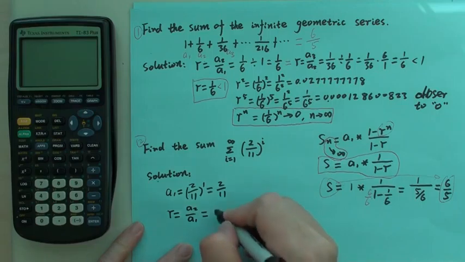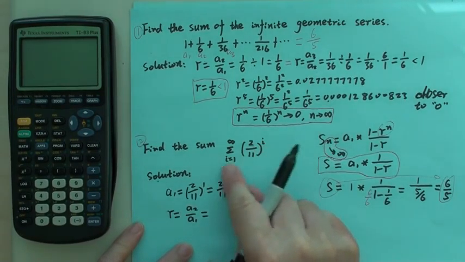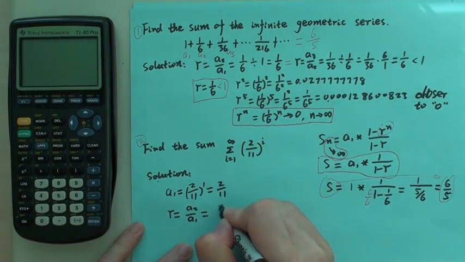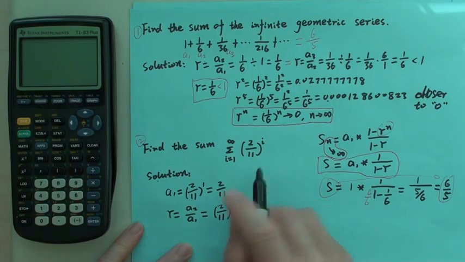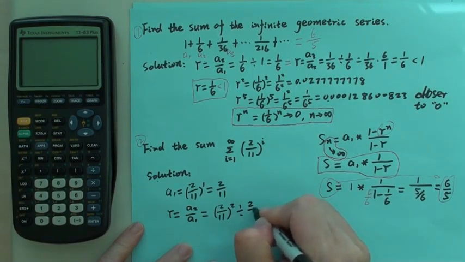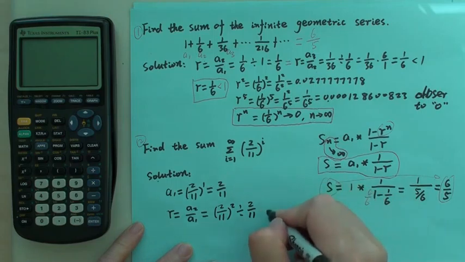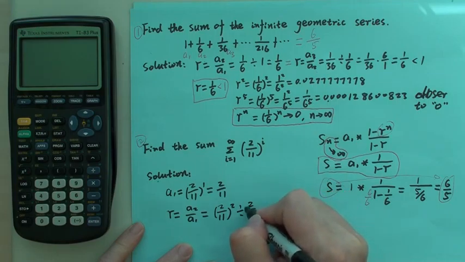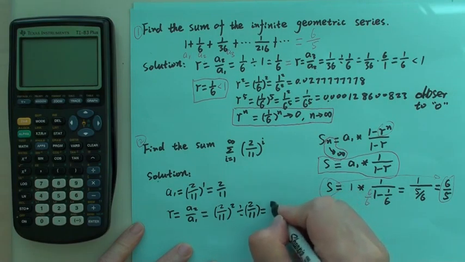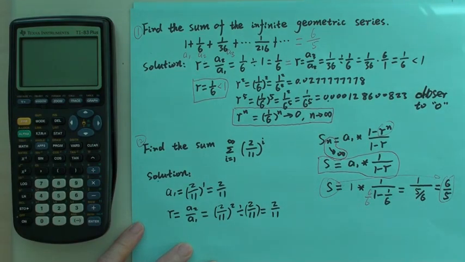A2 is 2 over 11 squared, divided by A1, 2 over 11. If I put parentheses here, you may agree that's easier. It's just 2 over 11.